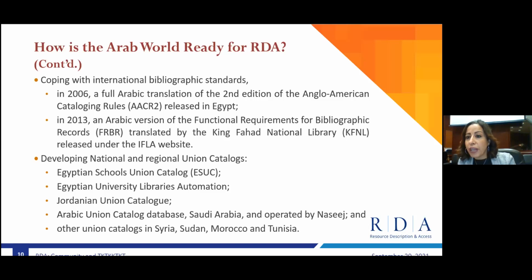So this is to make full use of the experience they had when they translated AACR2, of course, with all the differences. And also the translation of FRBR: there were many translations of FRBR launched by IFLA, and many Arab librarians were very interested to know more about FRBR and FRAD, of course, and the whole FRBR family when it was first published.